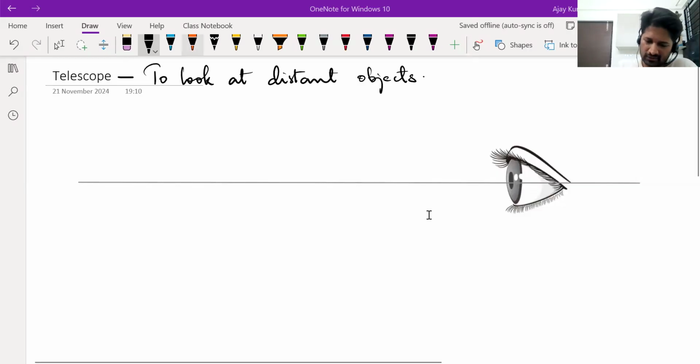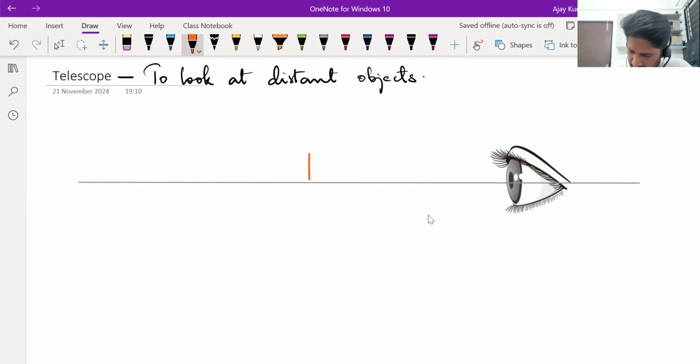Okay. So suppose there's an object placed at some distance in front of the eye. You know that the ends of the object subtend a certain angle on your eye. The lower end and the upper end, if you connect them to a single point on your eye, they subtend a certain angle.